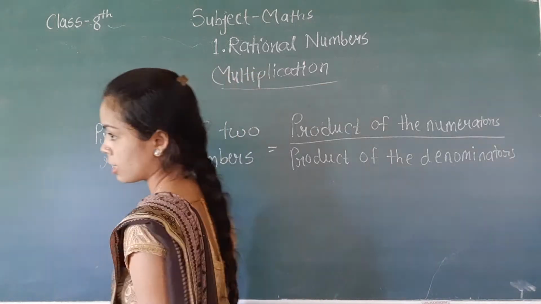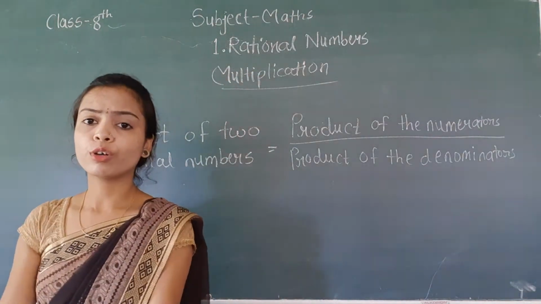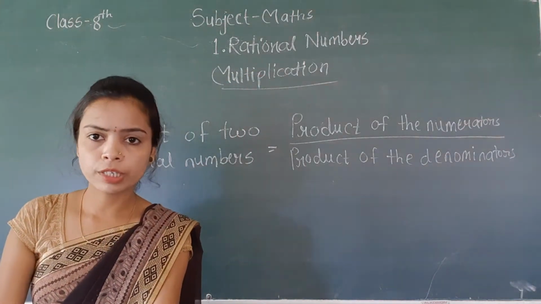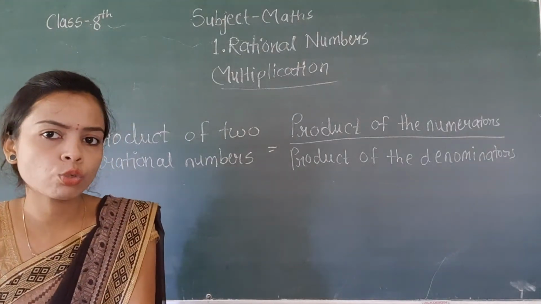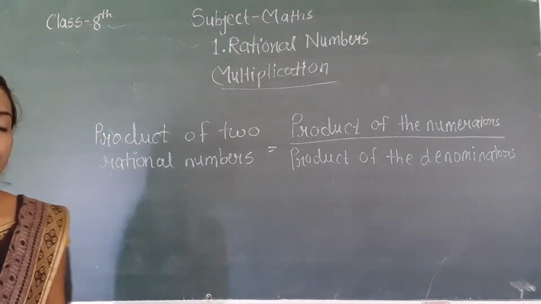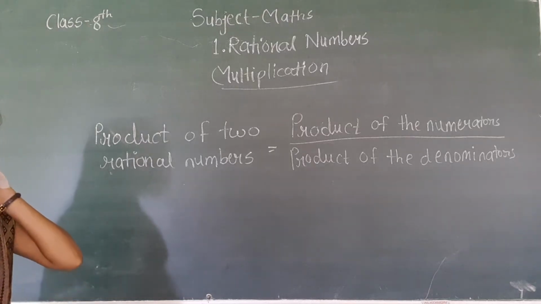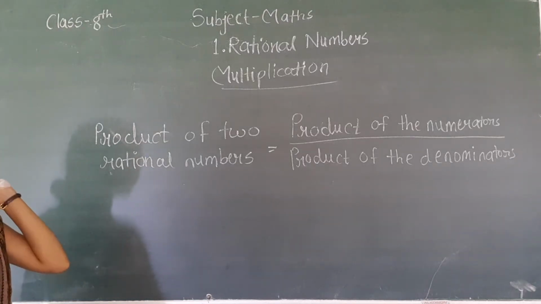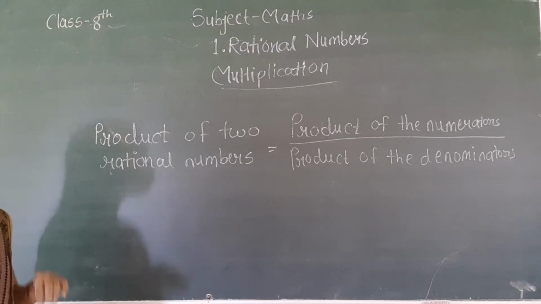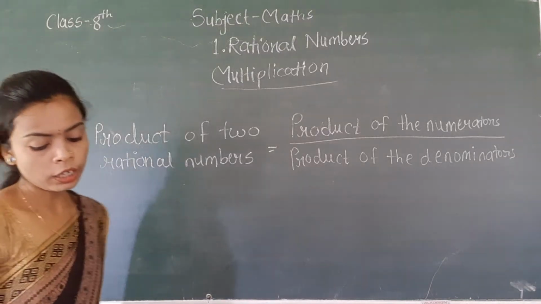So the statement or the formula for the multiplication of rational numbers is: if you have to multiply two rational numbers, the product of two rational numbers is equal to the product of the numerators and in the denominator, the product of the denominators.